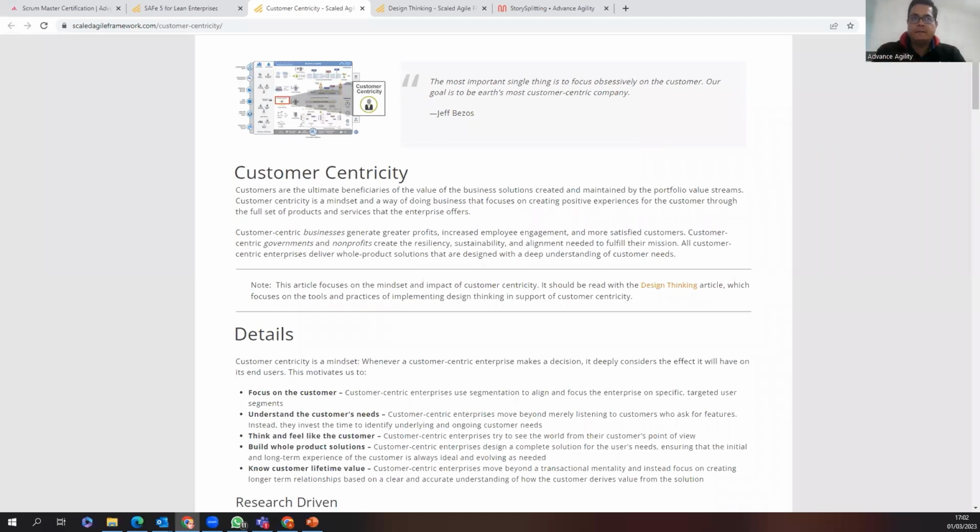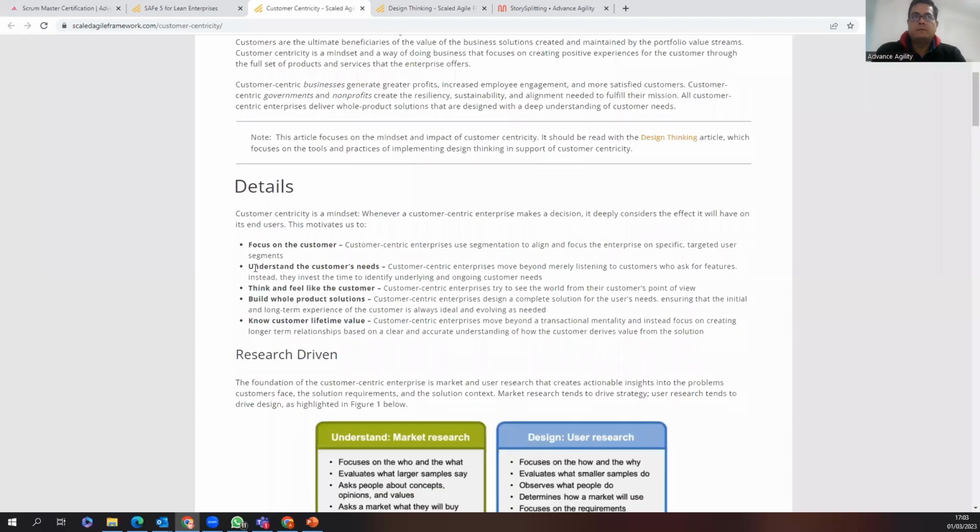There are a few things we should be careful about: focusing on the customer, understanding the customer's need, thinking and feeling like customers, and building the whole product solution, everything the customer needs. It's not that we satisfy just a part of the problem and then for the other part they have to go somewhere else. We also need to know the lifetime value of the customer.